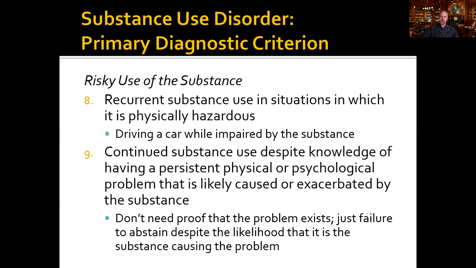Then that would be an indication that they know they have a psychological problem that's either being caused by the pot, or certainly being exacerbated or affected by the pot, but they don't give the pot up. Now, you don't need proof that the problem exists. It's just the failure to abstain from using substances, even though you know it's probably causing or contributing to the problem, that gives you evidence to meet this criteria.